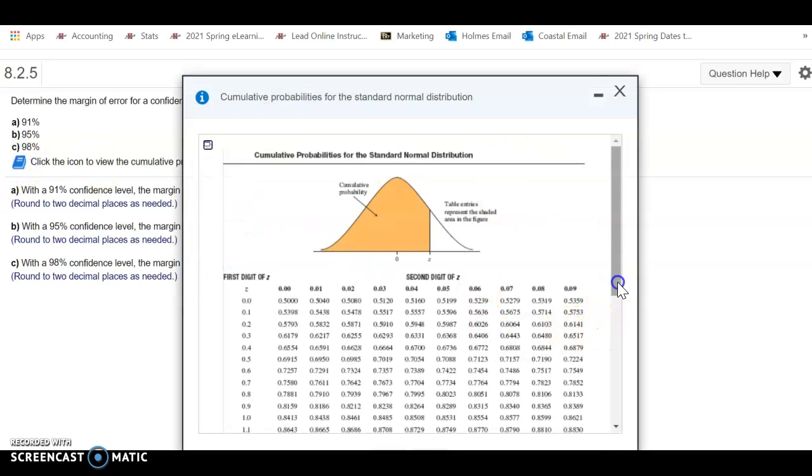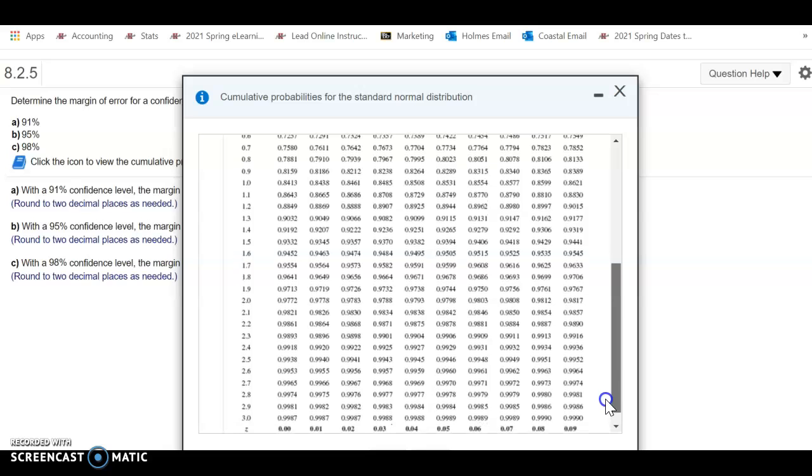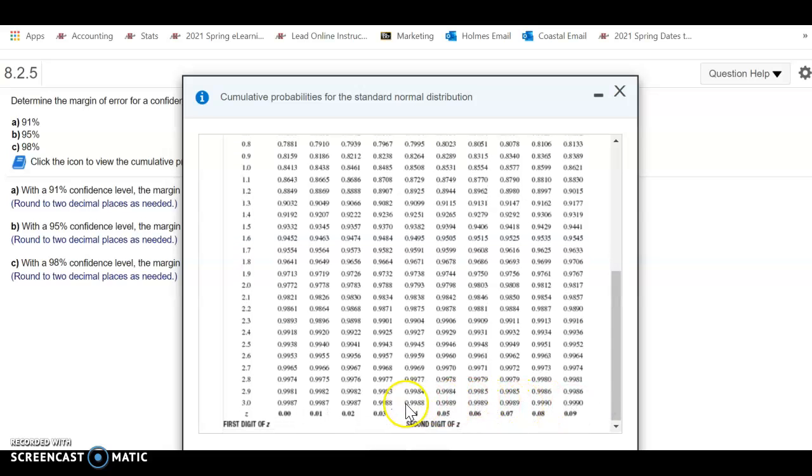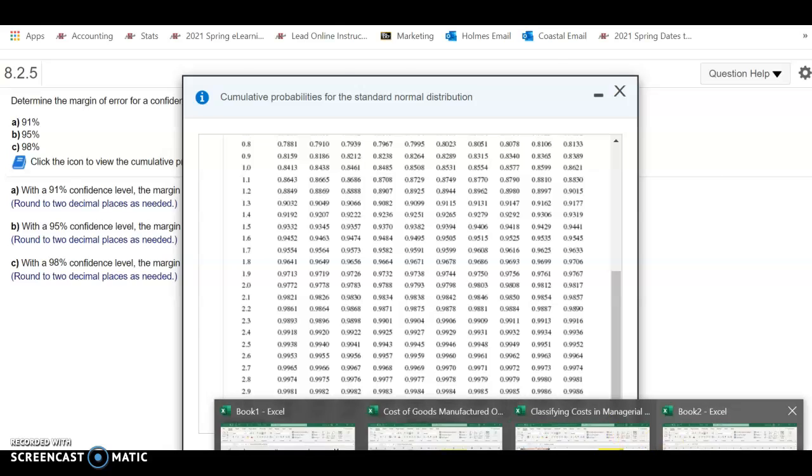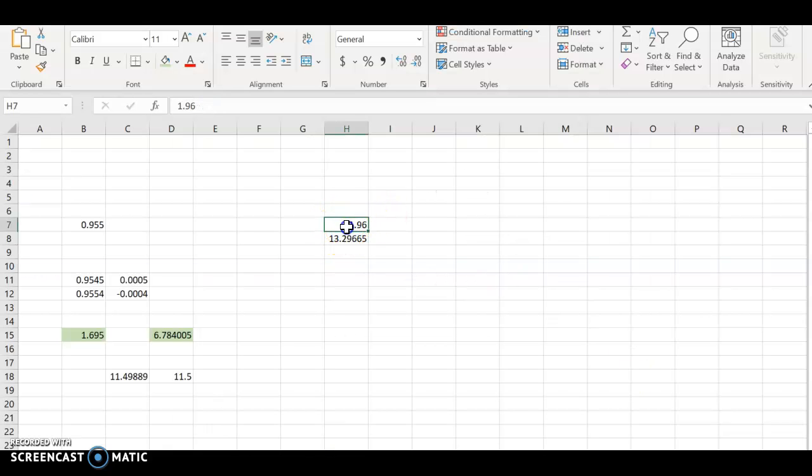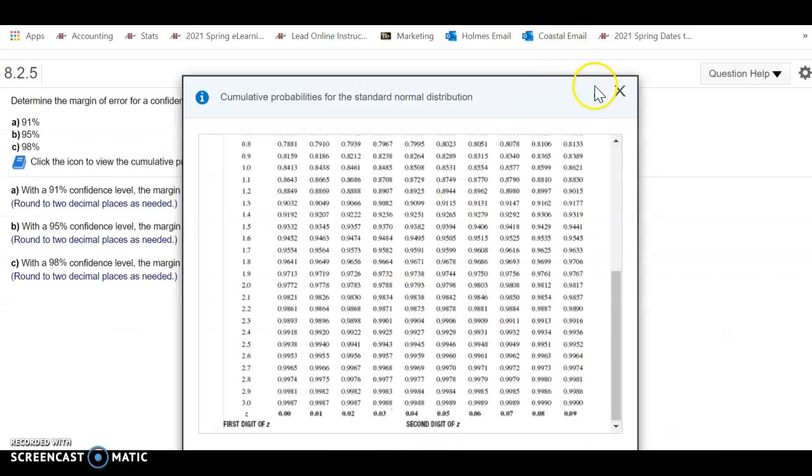I bet it's in there too. 0.99. 0.9898, 0.9901. That's really close. So 2.33. So this time we're going to change 1.96 to 2.33, and we're going to get 15.81. Let's try that. It's got to be really close.